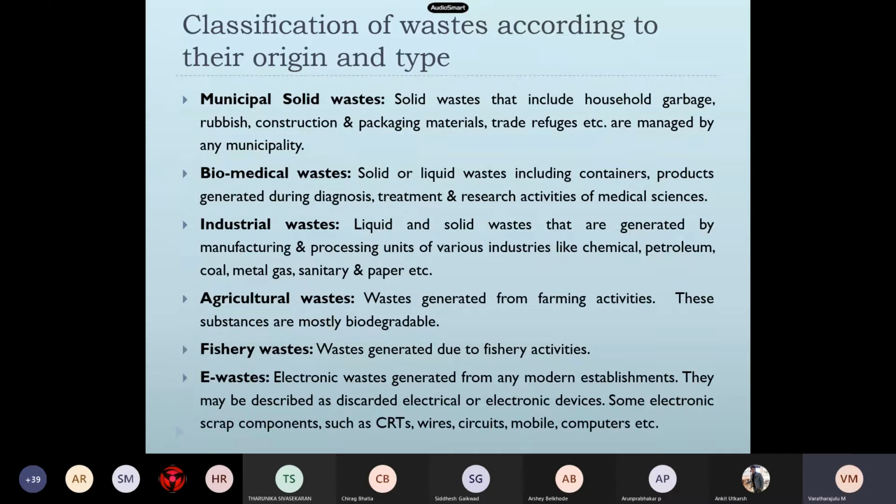And e-waste, the electronic waste generated from many modern establishments, may be described as discarded electrical or electronic devices, and electronic scrap components such as CRT, wires, circuits, mobile, computers, etc. Now see how we are struggling to handle the biomedical waste. Like, the e-waste is sent by various countries to India.